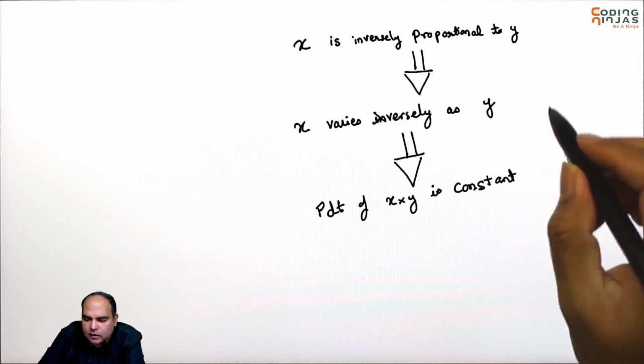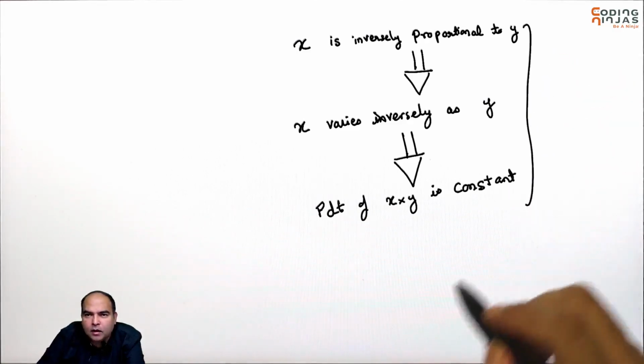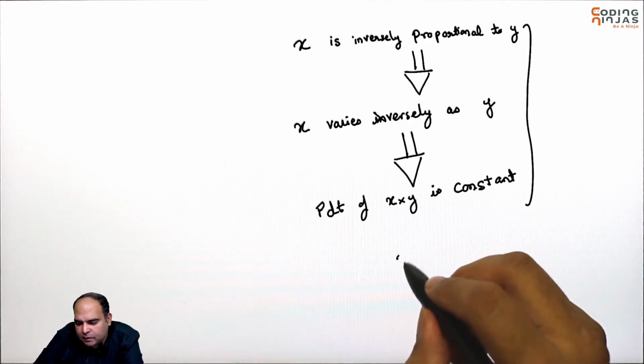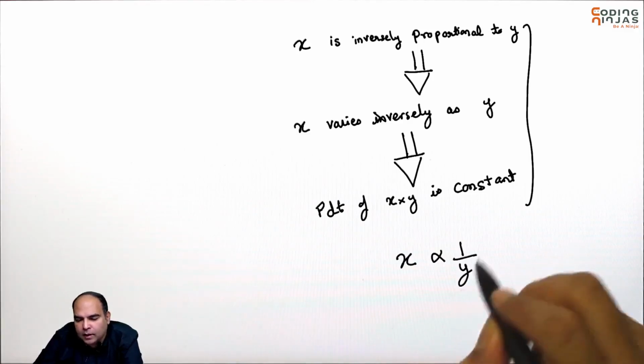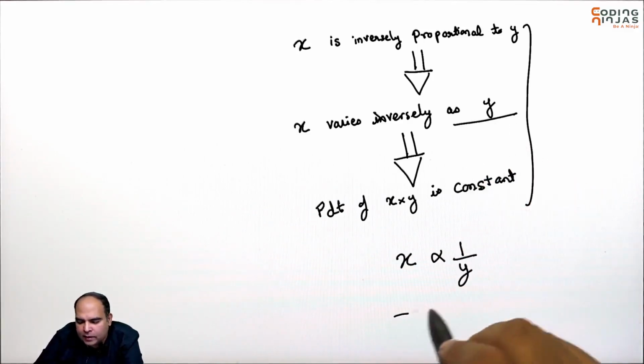All these three things mean the same thing, and mathematically it is expressed as x varies as 1 by y. X varies inversely as y is written as x varies as 1 by y.